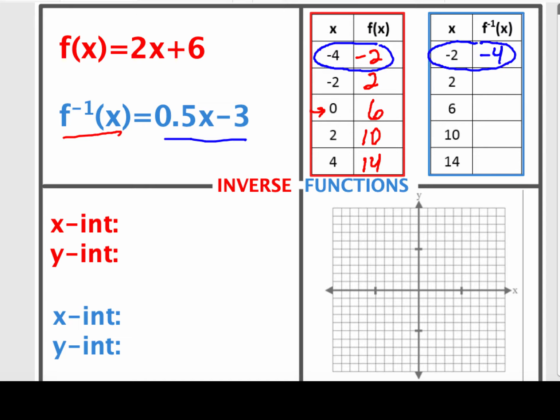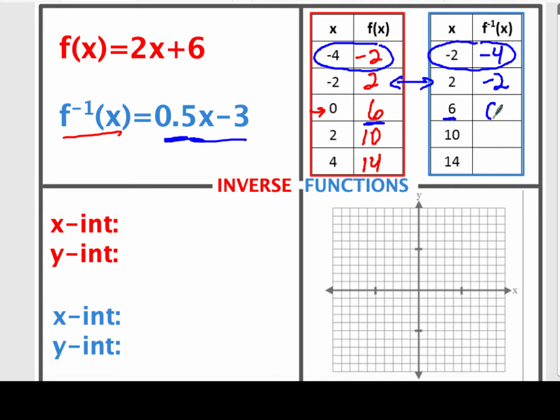So the same thing is going to happen if I take 2 and plug it in. Well, 1/2 times 2 is 1, minus 3 is negative 2. And again, notice these 2 points reverse spots. Negative 2, 2 just became 2, negative 2. All of the x values are going to become our y values, which makes sense that if I plug in 6 then, well, I got 6 back over here when I plugged in 0.